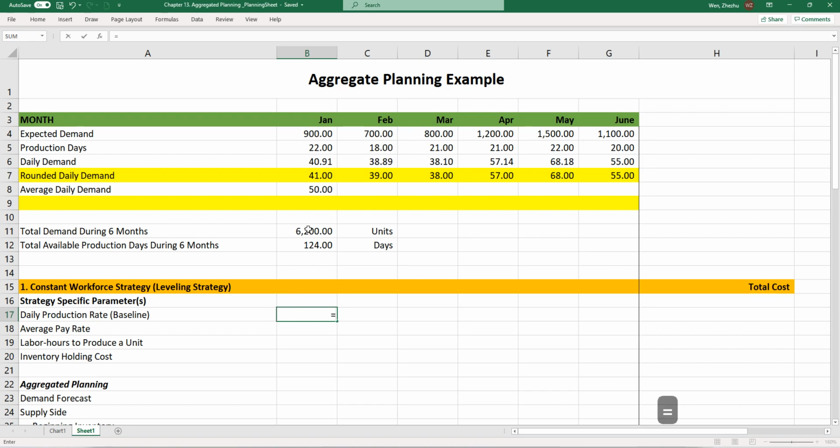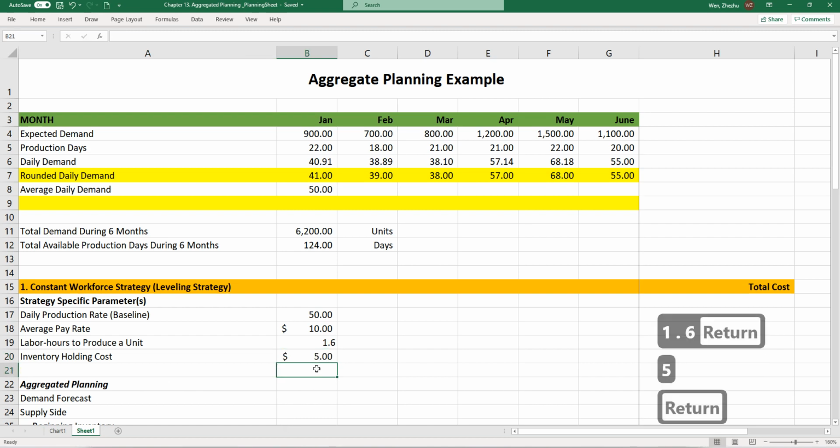So I'm just going to reference 50 here as our daily production rate. We'll keep a certain number of people, enough so that they can make 50 units per day. The average pay rate is $10 per hour, the labor hour to produce a unit is 1.6, and inventory holding cost is going to be $5 per unit per month.